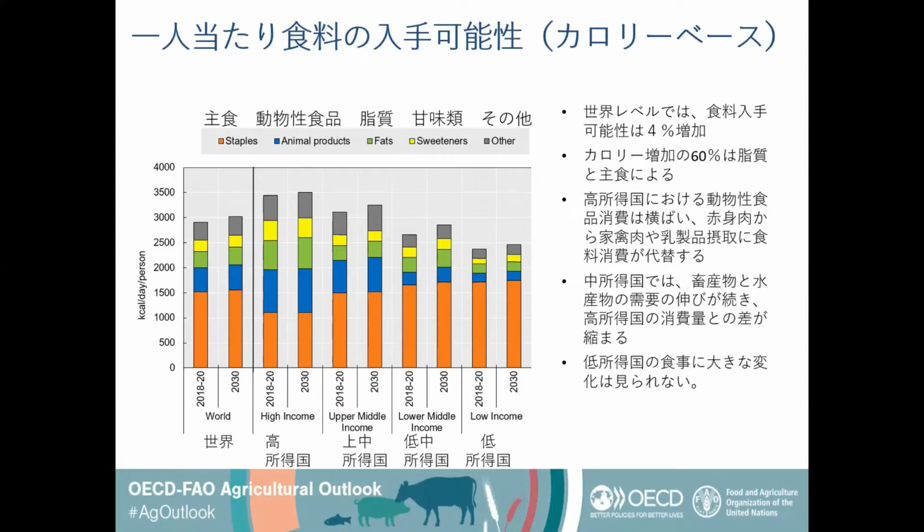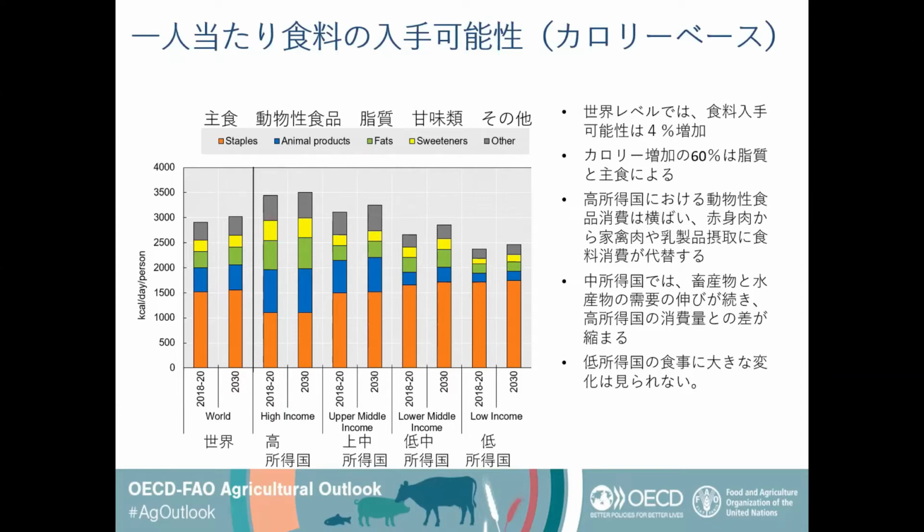So we have the global projections that average food availability will grow about 4% to about 3,000 calories. I'd like to remind you that this is not intake, it is food consumption in a national accounting sense. So everything that's available for consumption, but then a lot of it is also wasted and lost. So that is still included here.